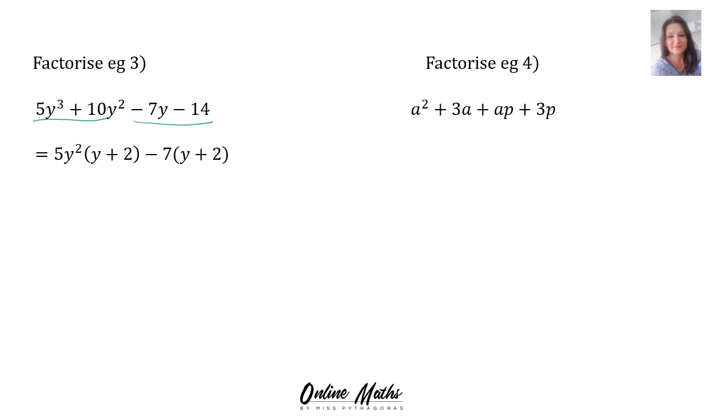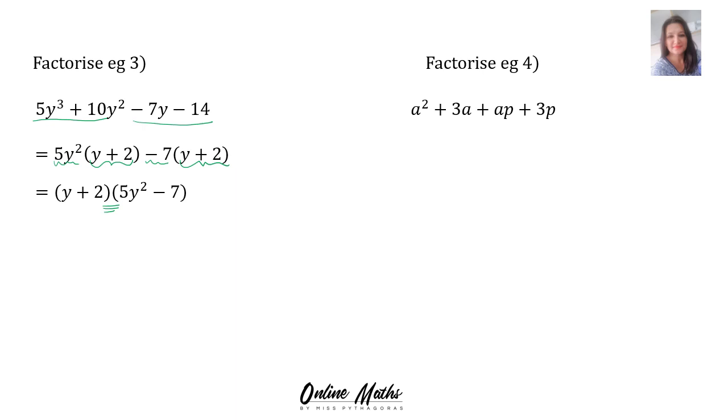And on the last 2, I'm going to take out negative 7 and I'm left with y plus 2. Because my aim is I want these 2 brackets to be the same. So therefore, now I can take out the bracket y plus 2 as a common factor and I'm left with 5y squared minus 7. And again, no sign in between.